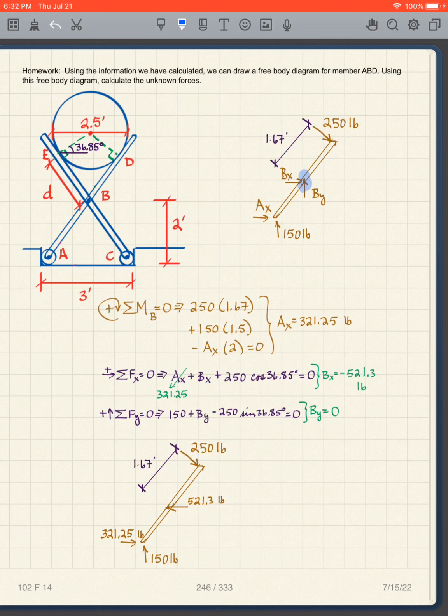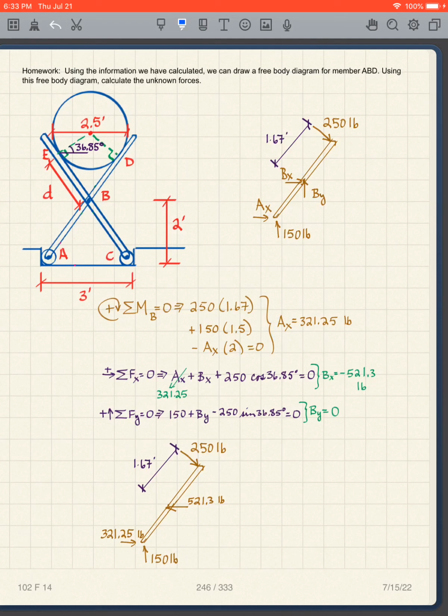And then I have the 150, I know that's 1.5 there, so 150 times 1.5 for that load. And then I have AX, it's counterclockwise, so it's negative, and the distance is 2 feet. I get AX is 321.25.